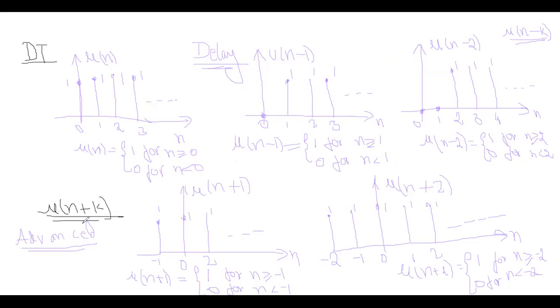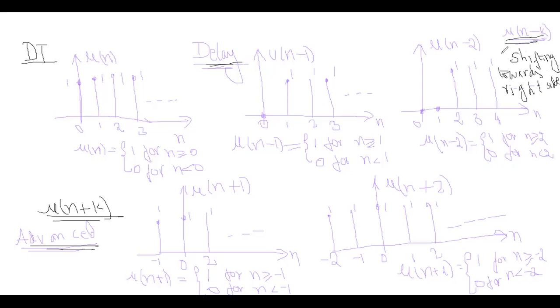Okay, mu of n plus k is advanced, mu of n minus k is a delay. Delay means shifting towards the right side.